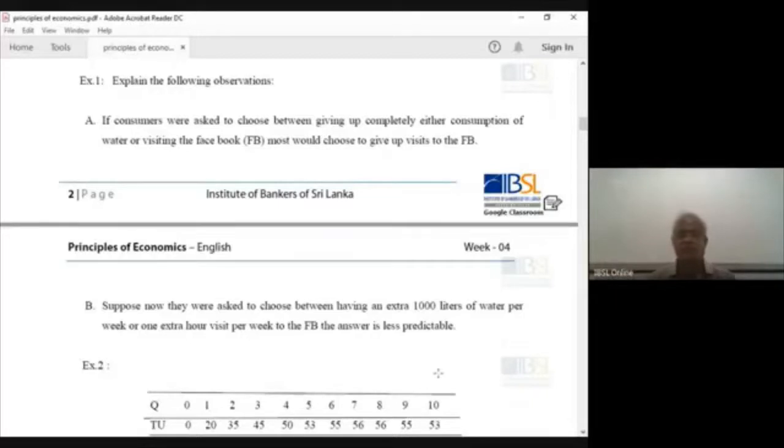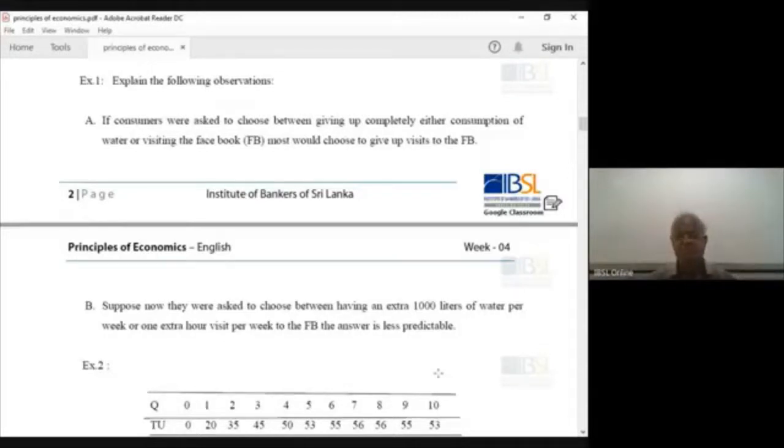So the choice is consuming 1,000 liters of water per week or an extra hour per week on FB. Then what will happen? That is definitely inconclusive. You can't say. Some people say, I will take the extra hour per week.